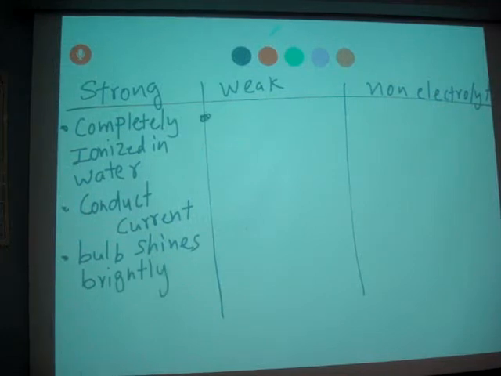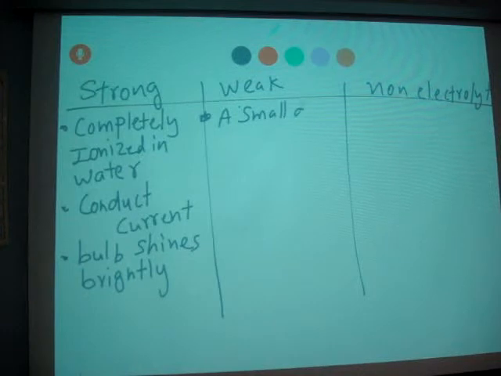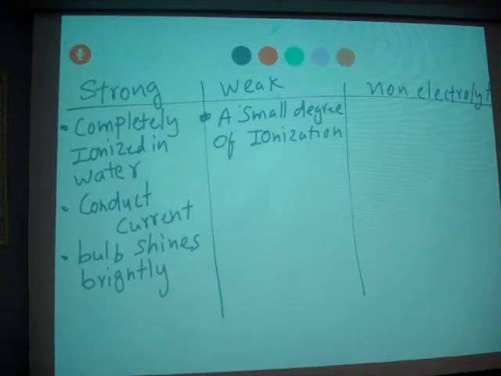For weak, it's a small degree of ionization in water.